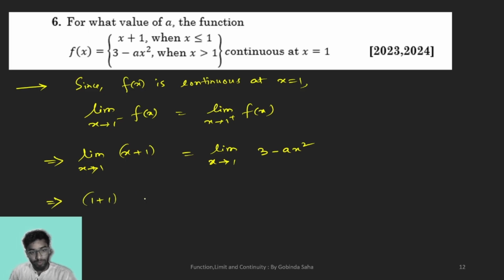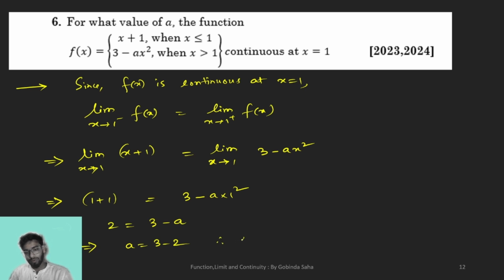On this side it will be 1 plus 1, and this side if you put the value of x, 3 minus a into 1 square. It will be 2, it will be 3 minus a. So see, a will be 3 minus 2. Therefore, a equals 1. Easiest one.